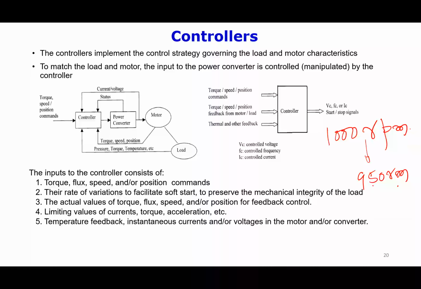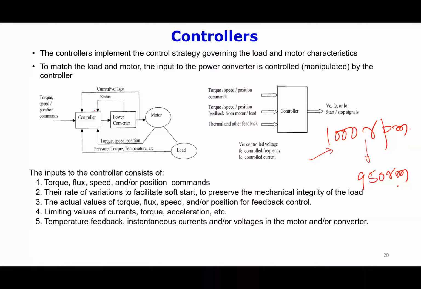For example, in this case, an inverter output, to control the speed of the motor in such a way to achieve 1000 RPM for the new load. So to match the load and motor, the input of the power converter is controlled by the controller.